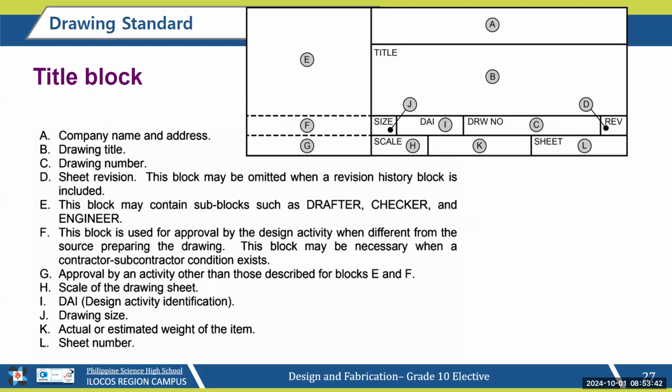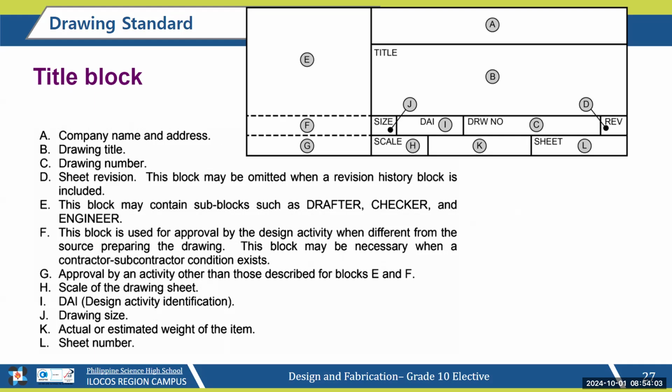Next, you have the sheet revision. This includes information on any updates made to the drawing. You also have the sub-blocks for drafter, checker, and engineer to indicate who prepared, reviewed, and approved the drawing.